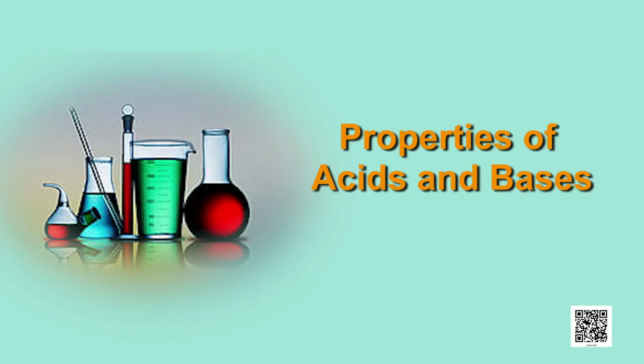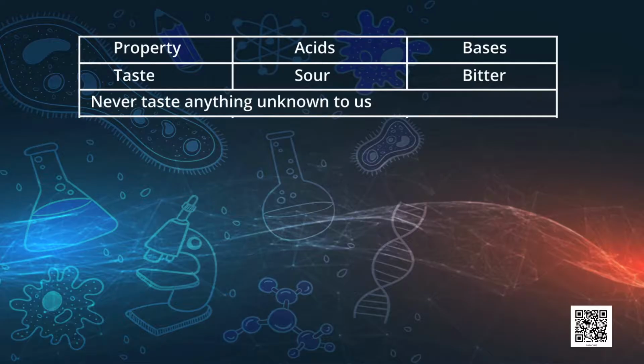So, my dear young scientists, in today's chapter, that is acids, bases and salts, we will have ample opportunities to put on our thinking caps and perform. Before we move forward, let's recall what we already know about acids and bases from our class 7. We studied about the taste: acids taste sour, yes, and bases, what is the taste of the base?